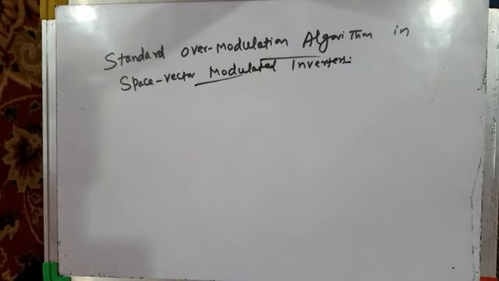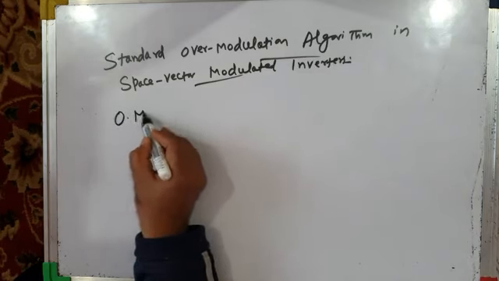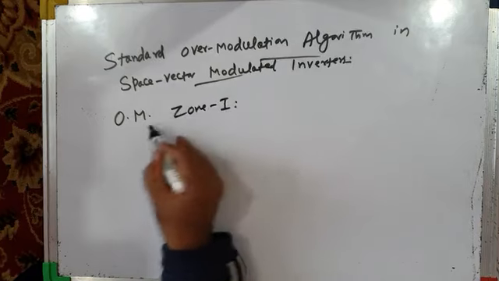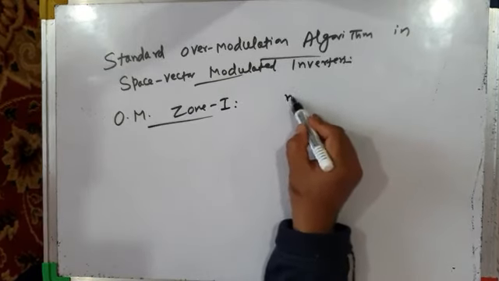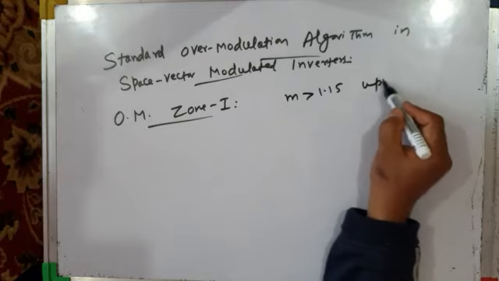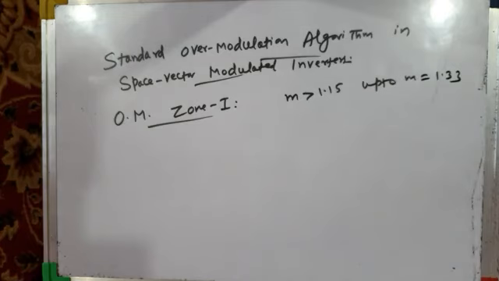So it is something like this. First of all, we have over-modulation zone 1. This is if M is greater than 1.15 up to M equal to 1.33. This is over-modulation zone 1.